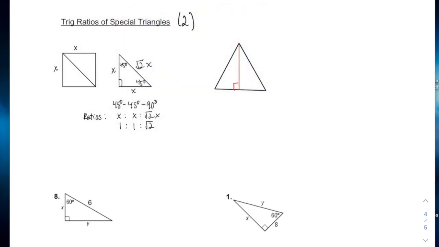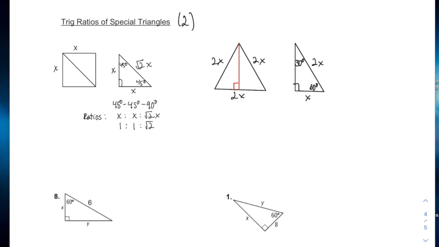So our new triangle looks like this. We know the angles of this triangle. This one is still 60, but this one is 30. Because we kind of knew where we were going with this, we labelled all the sides of the equilateral triangle 2x, making the base of this triangle x and the hypotenuse 2x.